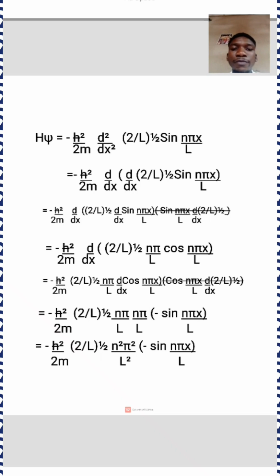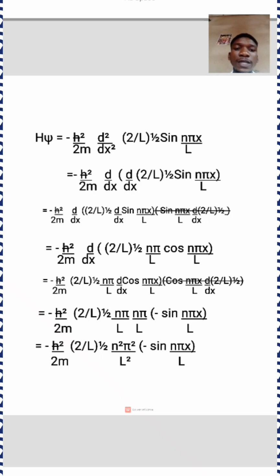Let's continue. Differentiating the above, we have minus h-bar squared over 2m times d over dx of the bracket. If you are differentiating with respect to x, 2 over L raised to the power 1 over 2 is a constant.